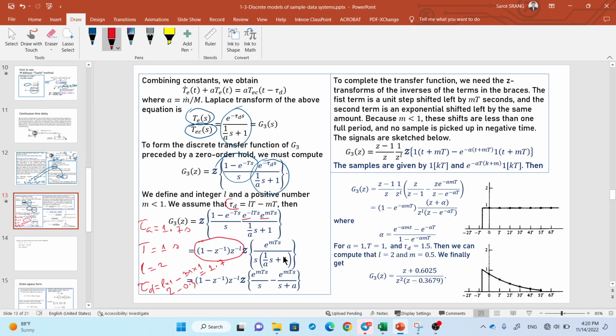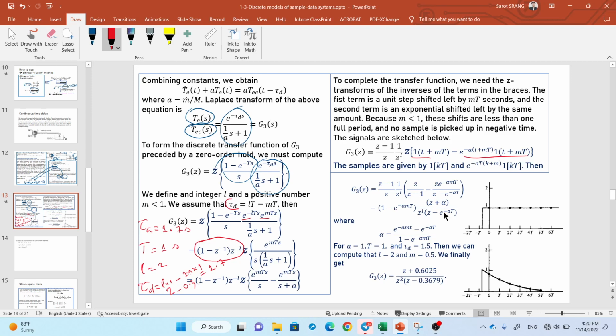What can we do with this part? We can break it down into canonical form, and then we can use the inverse Laplace to get the response in the time domain.